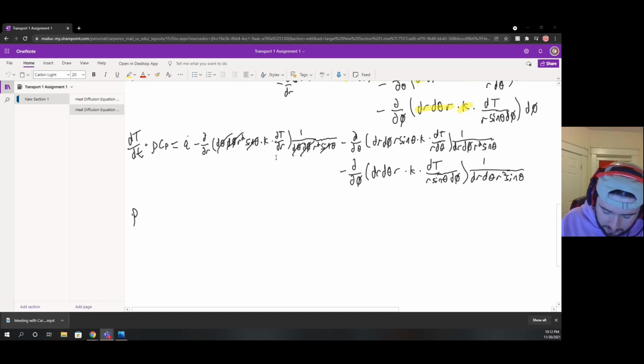Density times our specific heat times our change in temperature in terms of time equals our heat generation for that volume minus the partial derivative in terms of r times r squared.